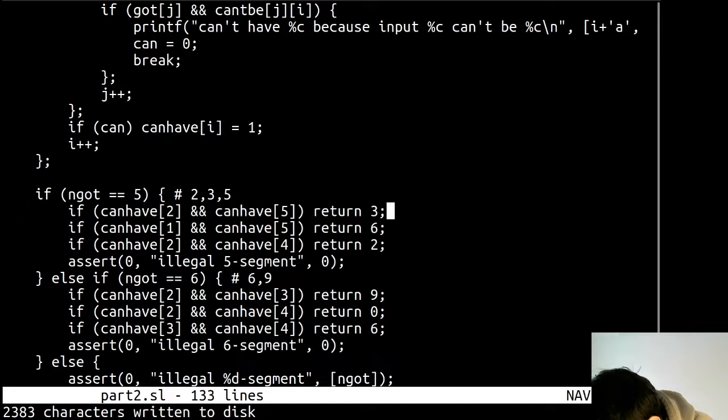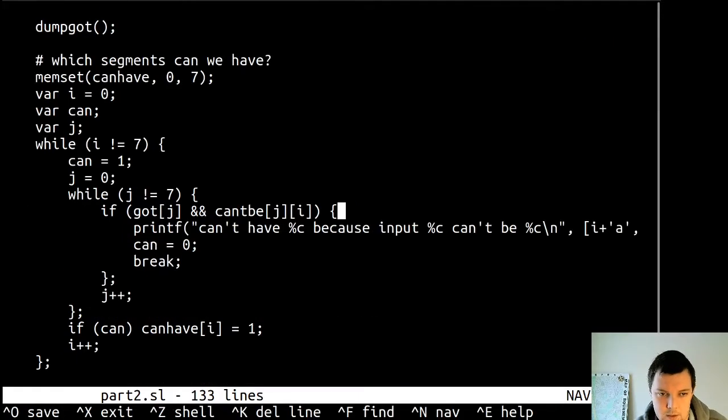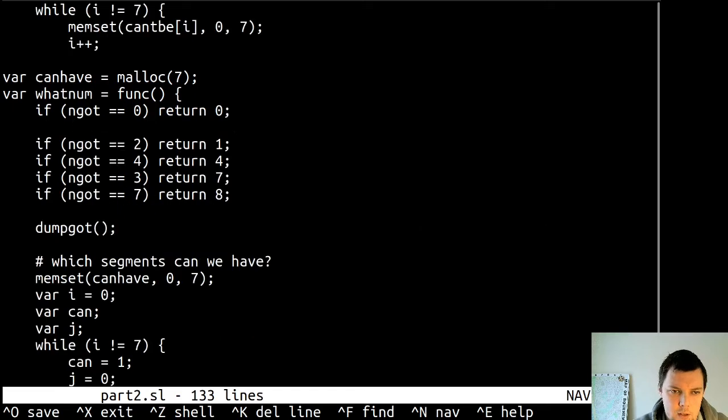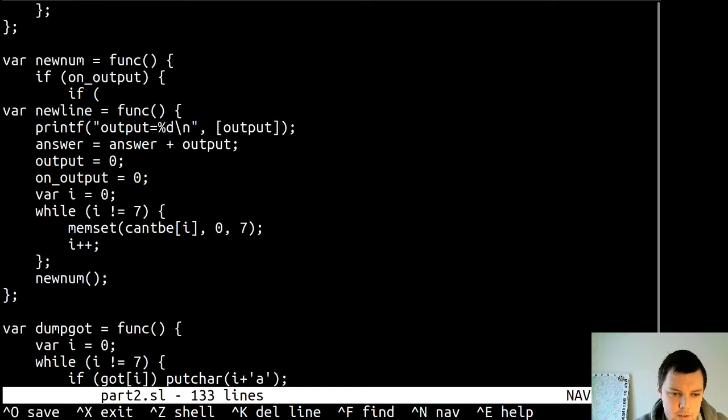So the other case is, why can't C be A, B, D, E, or F? Well, we'll say what it can't be except is doing.